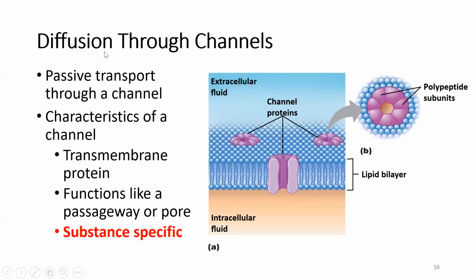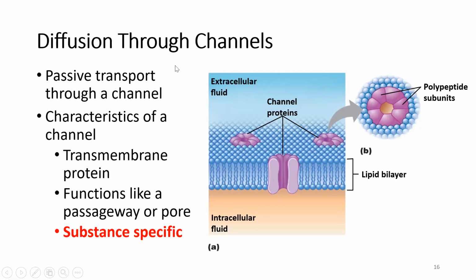Here, the second type of movement is diffusion through channels. So this is quite similar to facilitated diffusion. We're still moving passively, still moving according to a concentration gradient. But here we're not moving through a transporter, we're moving through a channel.